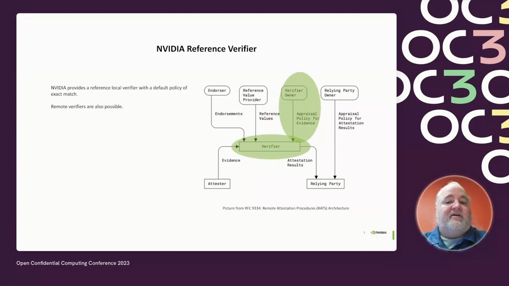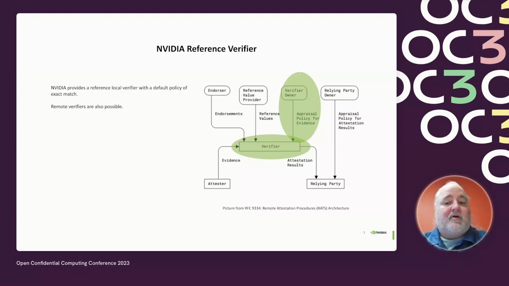So appraisal policy, NVIDIA provides a reference appraisal policy as well as a reference verifier. So the reference verifier that we provide is a local verifier that would run inside the trusted virtual machine. That verifier has an appraisal policy where it examines static values as well as dynamic values and ensures that the combination of those two match reference manifests and that the values are consistent with being in a confidential compute environment.